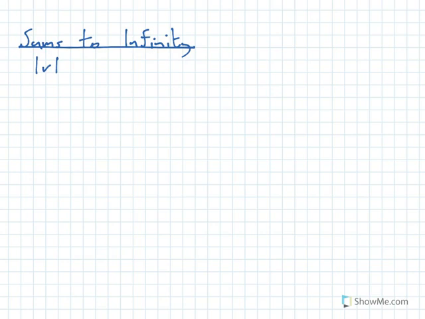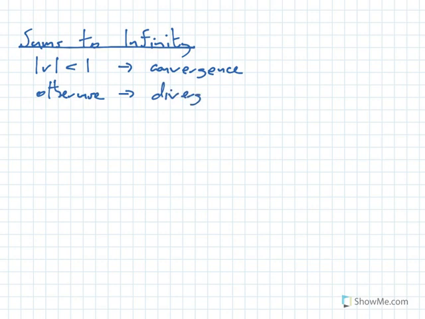We said that if the modulus of r is less than 1, in other words, r has to be between minus 1 and 1, then we get convergence. Otherwise, in other words, if r is any other value apart from those possibilities, then we have divergence.